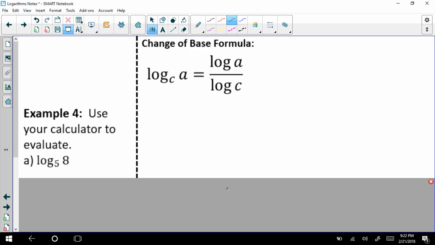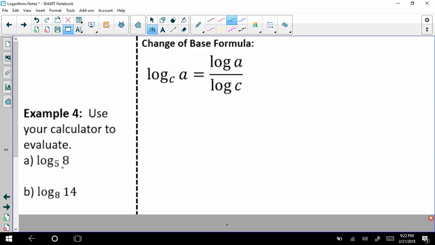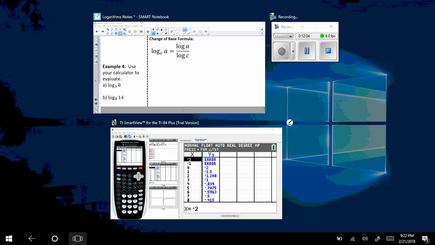Okay, so let's use our calculator to evaluate these. So log base 5 of 8. I'll show you what you type in your calculator if you have the log base function, and then I'll also show you how you use the change of base formula to get the same answer if your calculator does not have it. Okay, so this is log base 5 of 8.